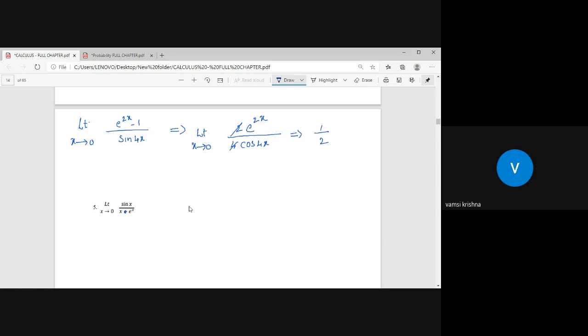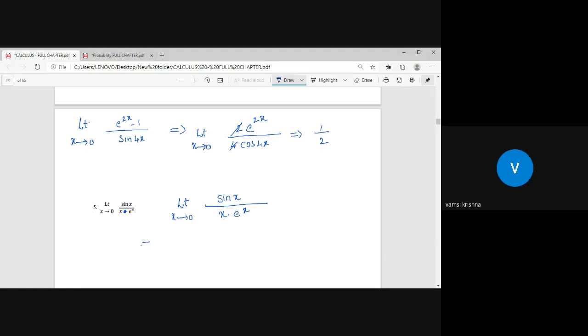It is not minus, it is into. So now I will try to write the question clearly. Limit x tends to 0, sin x divided by x into e power x. This is the actual question.